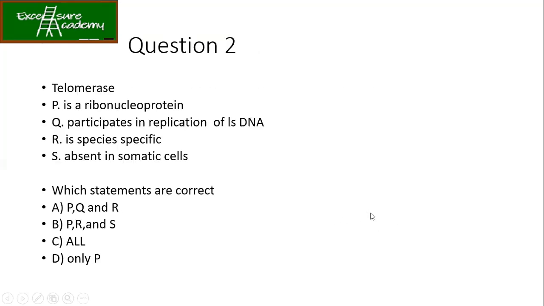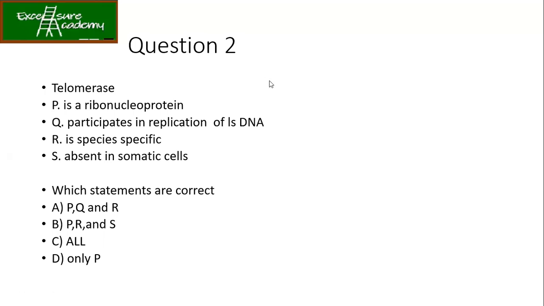Good. Second, telomerase. There are four statements. P: telomerase is a ribonucleoprotein. Q: it participates in replication of linear DNA. R: it is species specific. S: it is absent in somatic cells. So which statements are correct? I think it's A, PQ and R, ma'am.